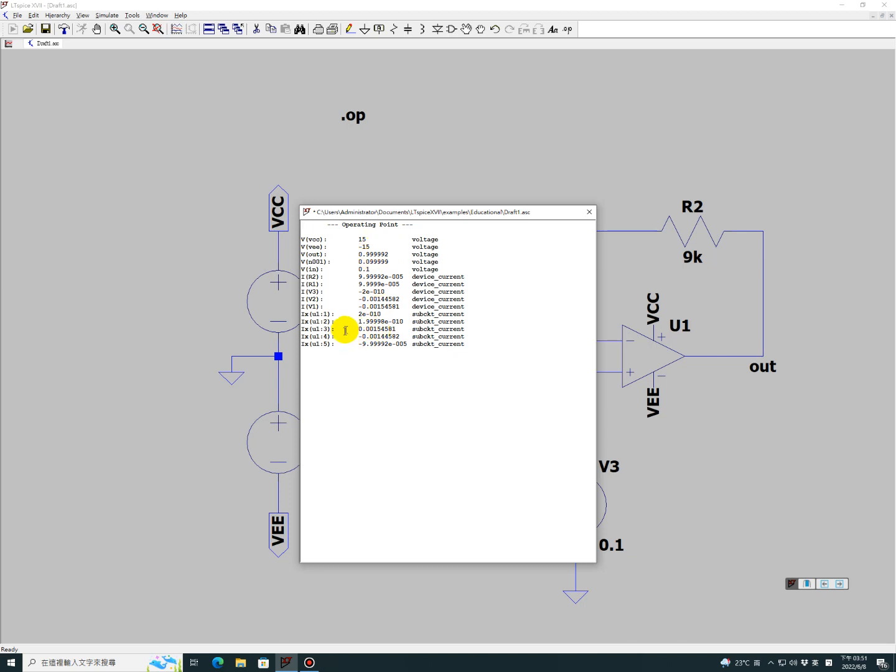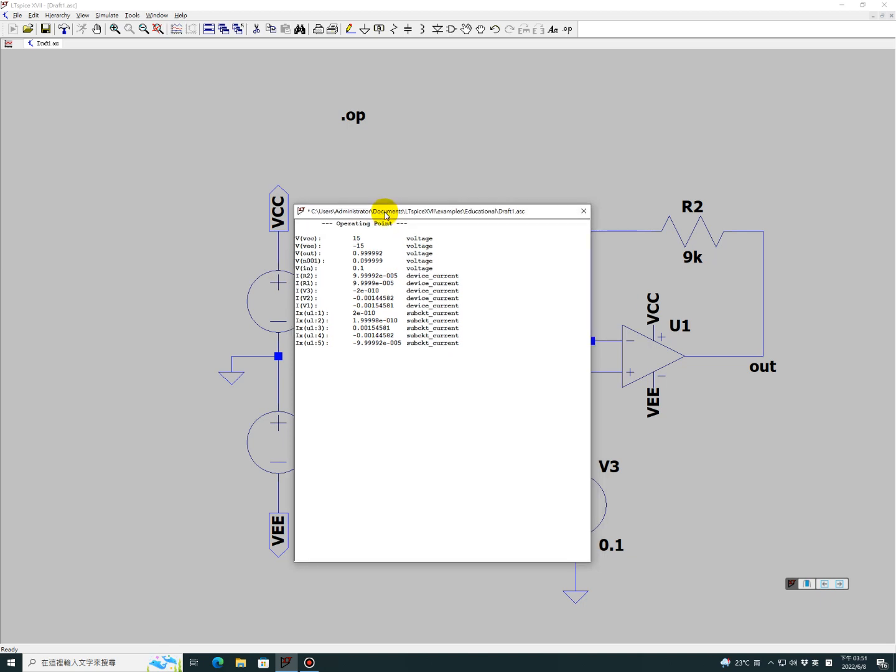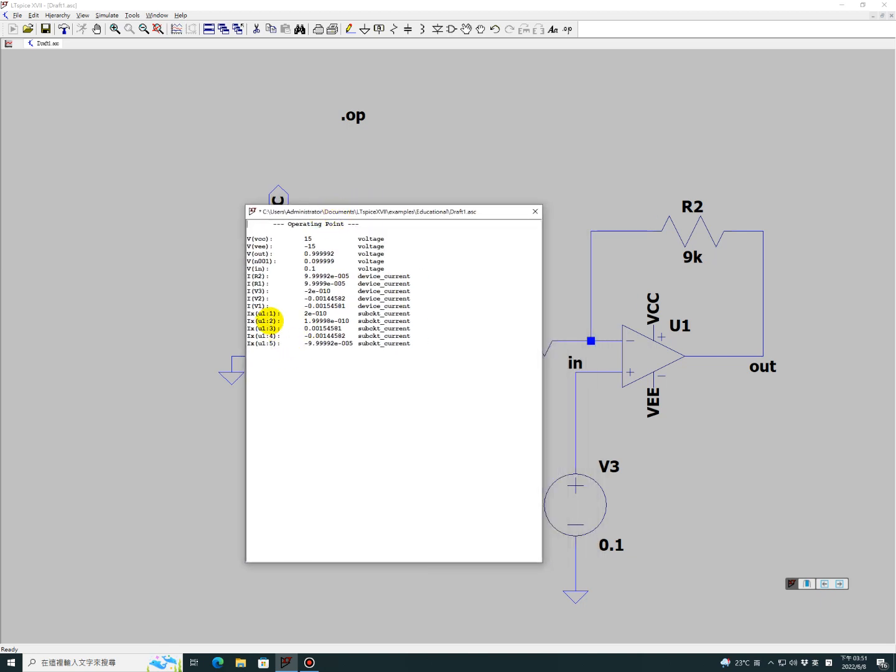Also, there is current flowing into the input. You see here, node 2 and node 3, there is current flowing in, and the current is definitely not 0. That's for U1.